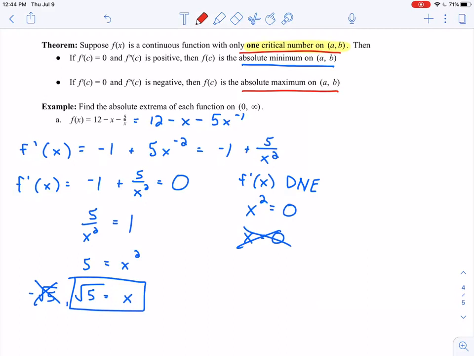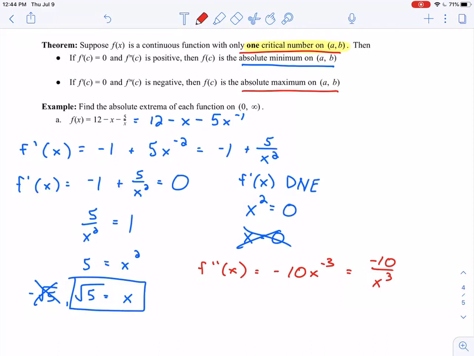So I want the derivative of negative 1 plus 5x to the minus 2. I'm going to do that in red right here. F double prime of x, so the derivative of negative 1, that's just 0. Derivative of 5x to the negative 2 is going to be negative 10x to the negative 3 power, or negative 10 over x cubed.